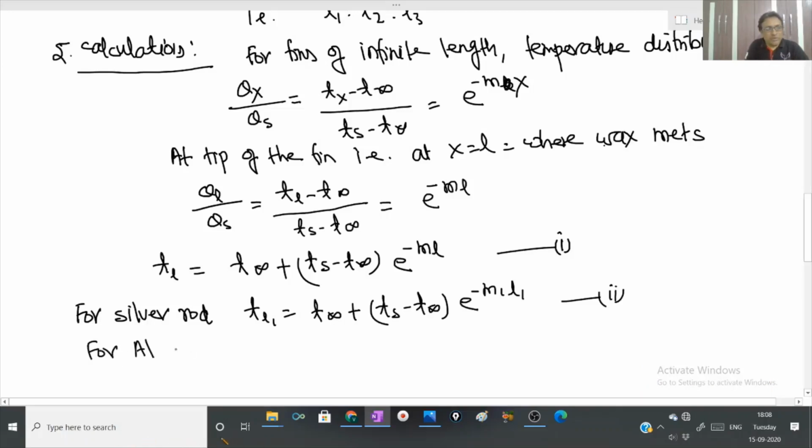For aluminum rod, it will be TL2 is equal to T infinity plus Ts minus T infinity e to power minus m2 L2.